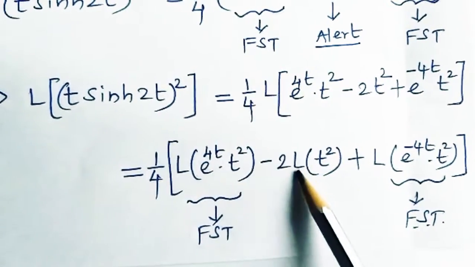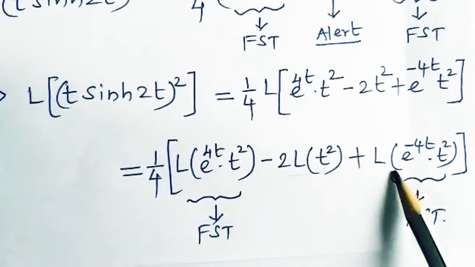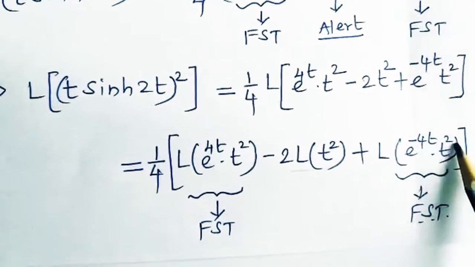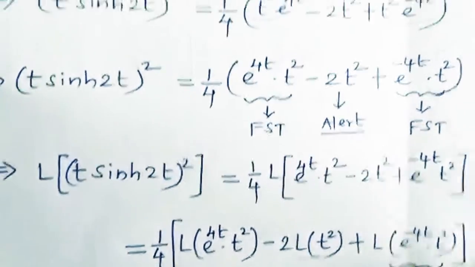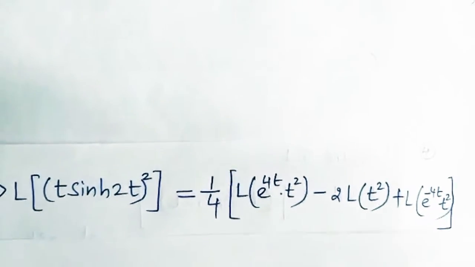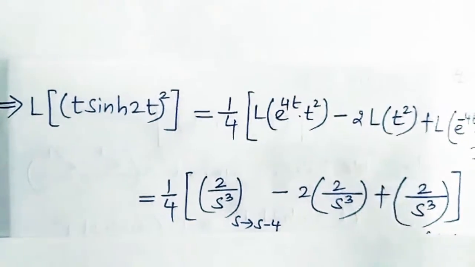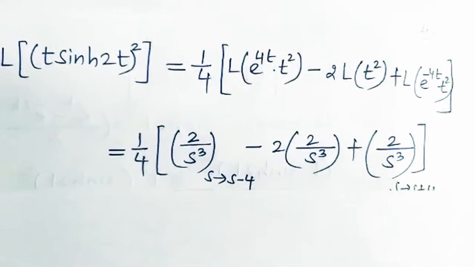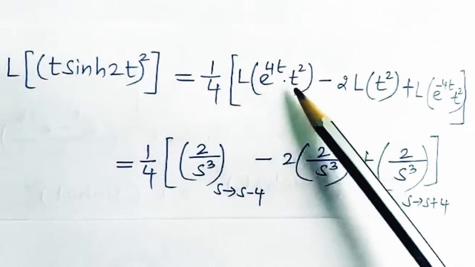Minus 2 times Laplace of t square is the standard form, plus Laplace of e raised to minus 4t into t square, again first shifting property. Now, as I said, by using first shifting property for the first as well as the third term, straightaway we can apply.